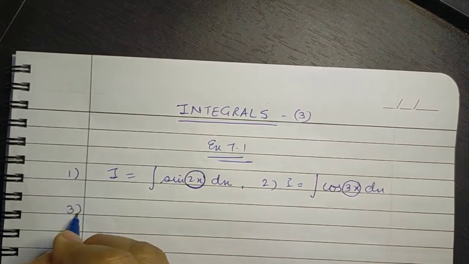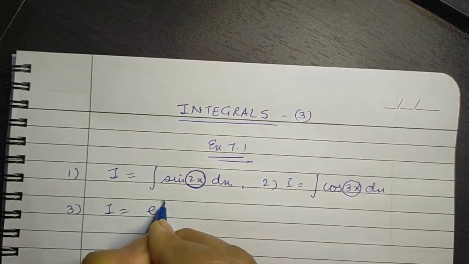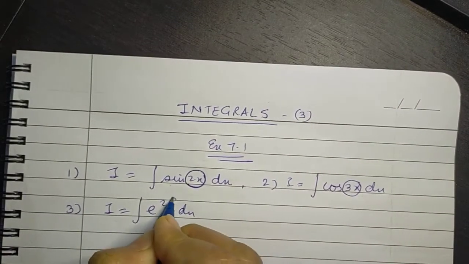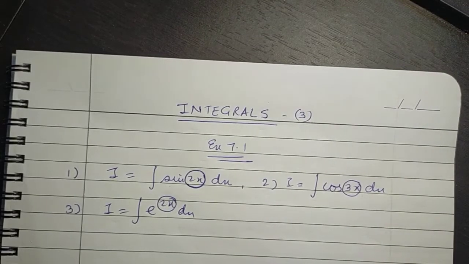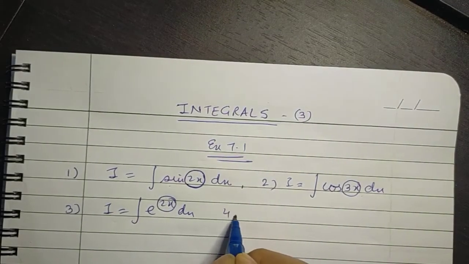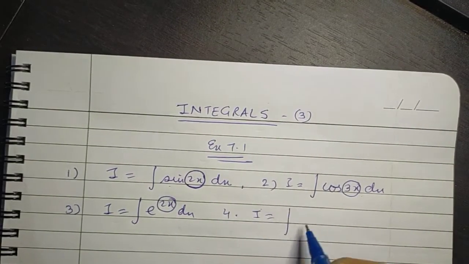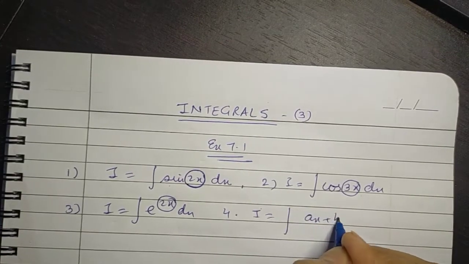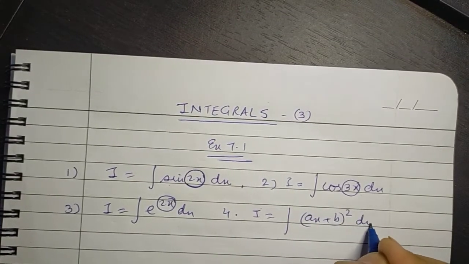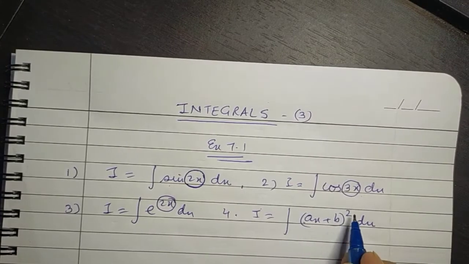Similarly, the next one is e raised to the power 2x. This again is a function of a function. In question number 4, we have the integral of (ax plus b) whole square. So it's a function of a function of a function.